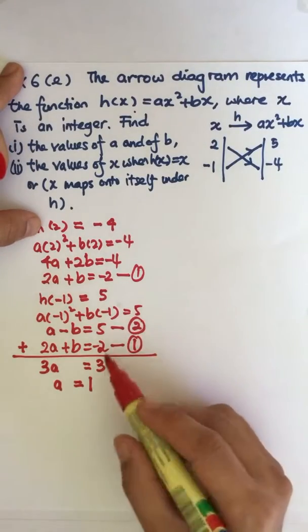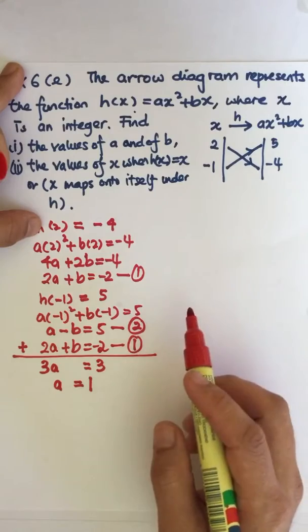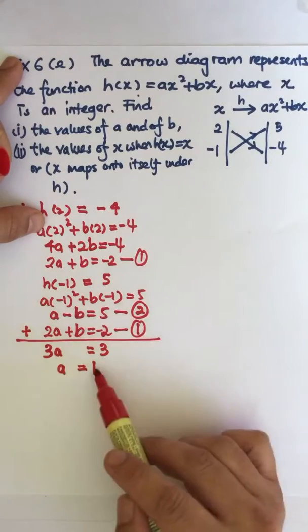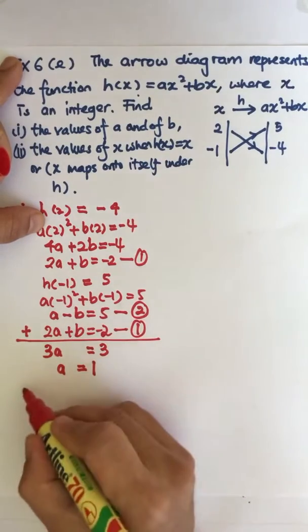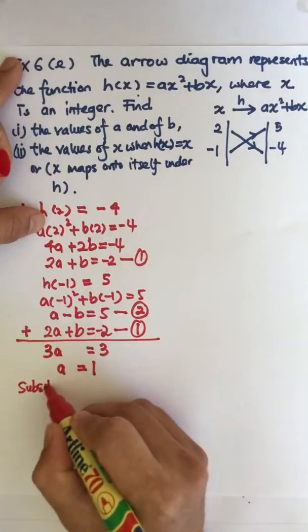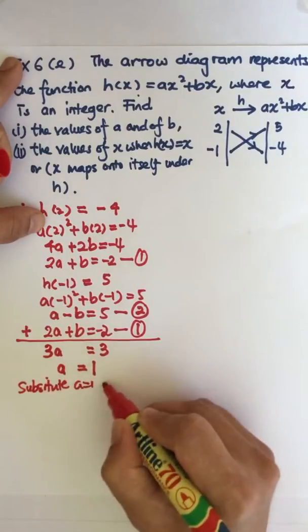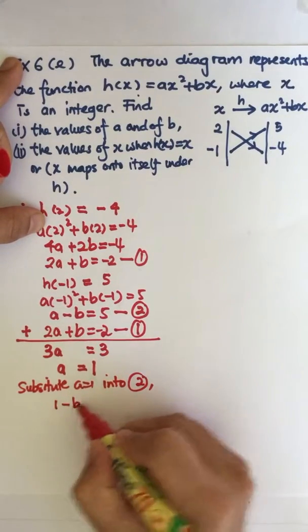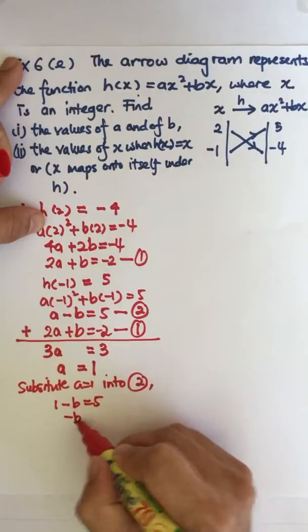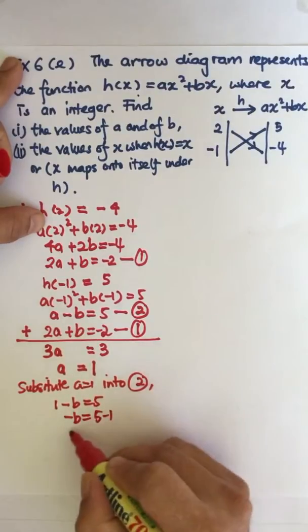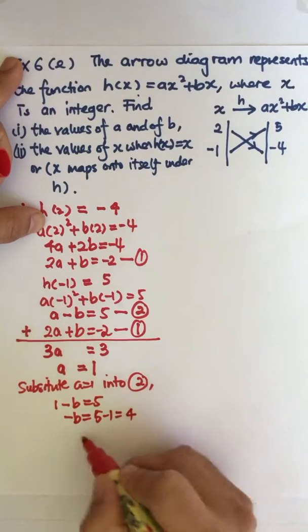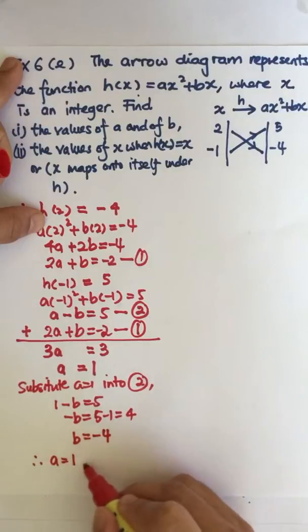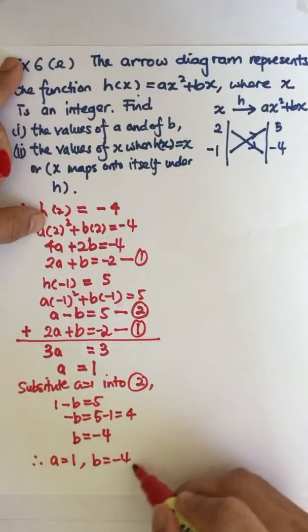Since we want the simplest way, we substitute a = 1 into equation 2. So you get 1 - b = 5. So -b = 5 - 1, you get 4, therefore b = -4. So a is 1, b is negative 4.